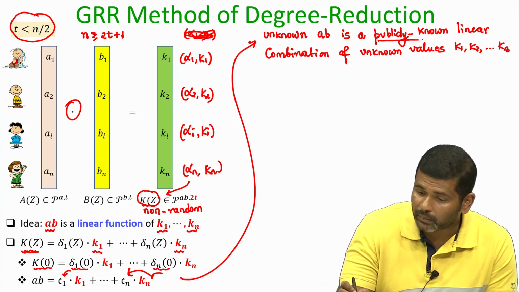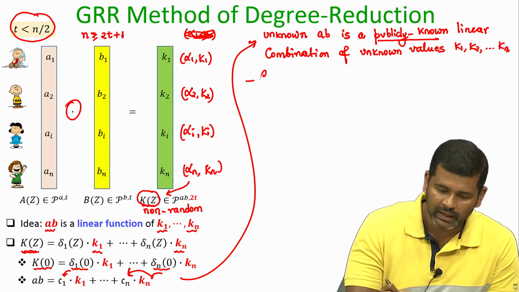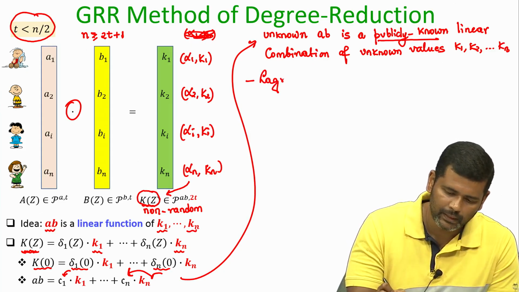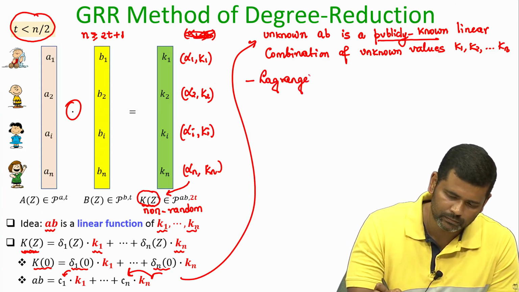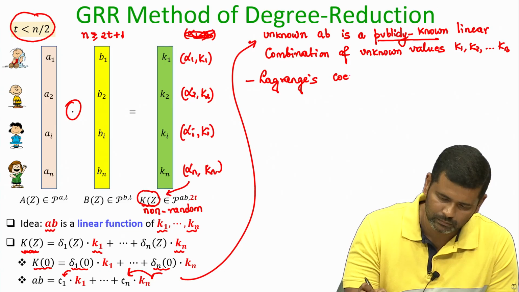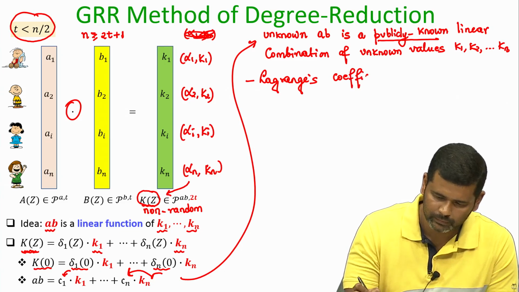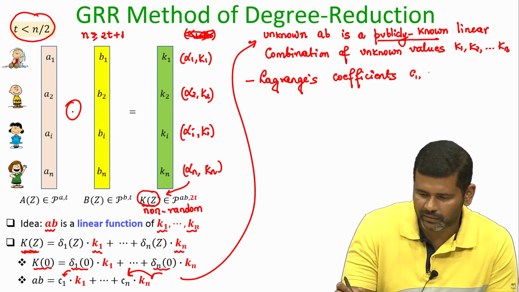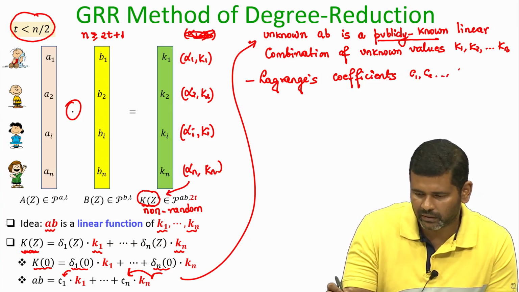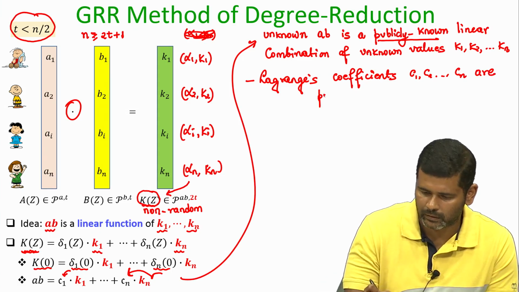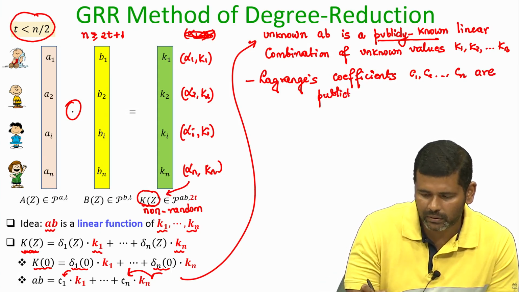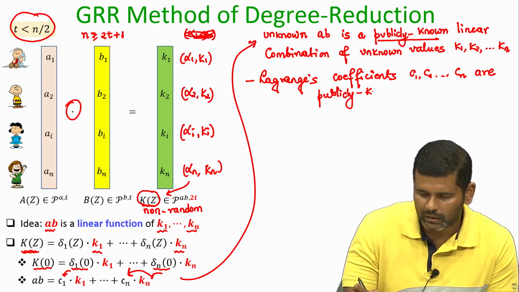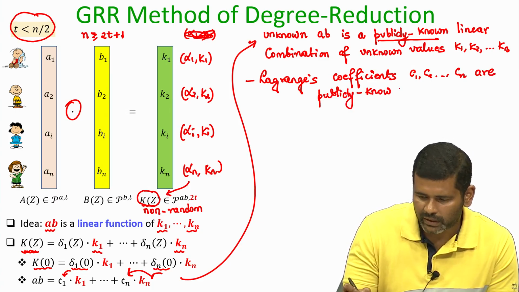Why publicly known? Because the Lagrange coefficients, fancy C1, fancy C2 and this fancy Cn, they are publicly known. They have got absolutely nothing to do with your k1, k2, kn.